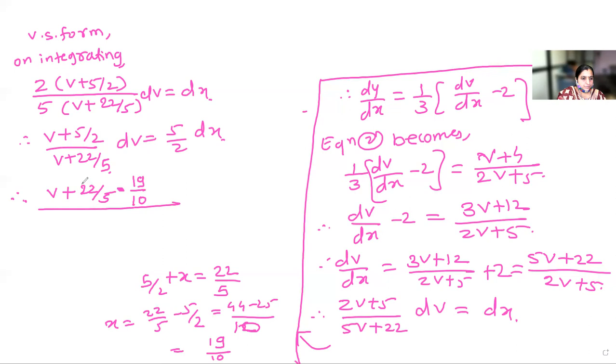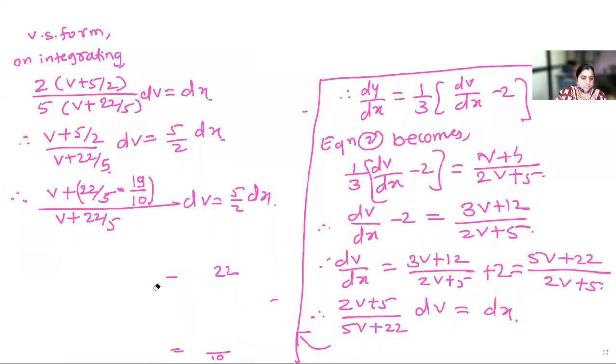If you take its subtraction, it becomes 5 by 2. In 22 by 5, if we subtract 19 by 10, then it becomes 5 by 2. In this way we adjust the constant term in the numerator, and the denominator remains as it is, dv is equal to 5 by 2 dx. Okay, did everyone understand? We have written the numerator in the form of the denominator and adjusted the constant term.